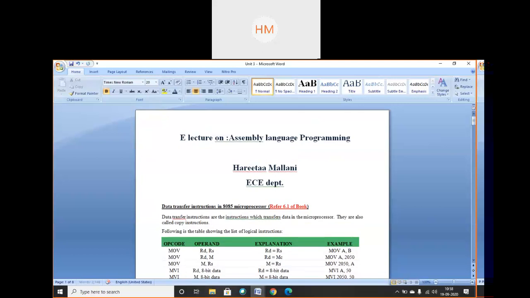We are starting with CO3, course outcome 3. Data transfer instructions in 8085.